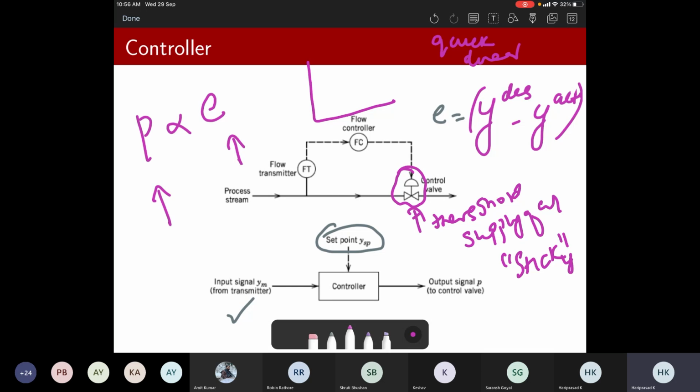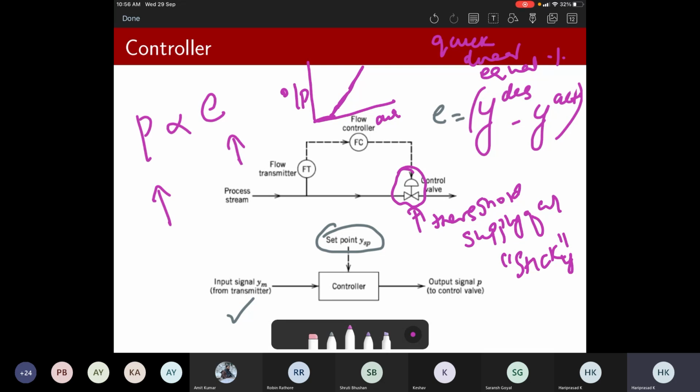Quick opening, linear and equal percentage. For some of these control valves, you need to apply some level of threshold air so that it would start opening. This opening could be linear in terms of your air versus output, it could be equal percentage, or quick opening.